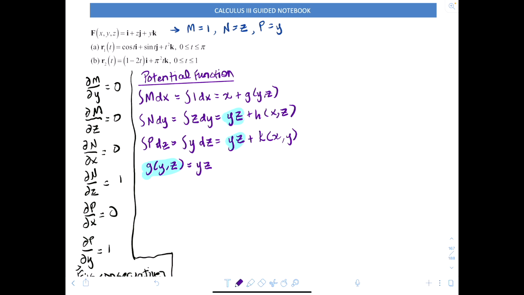And we can say that k of x and y will just equal some constant k. And so therefore a potential function is f of x, y, and z is equal to x plus y times z plus some k. Groovy?